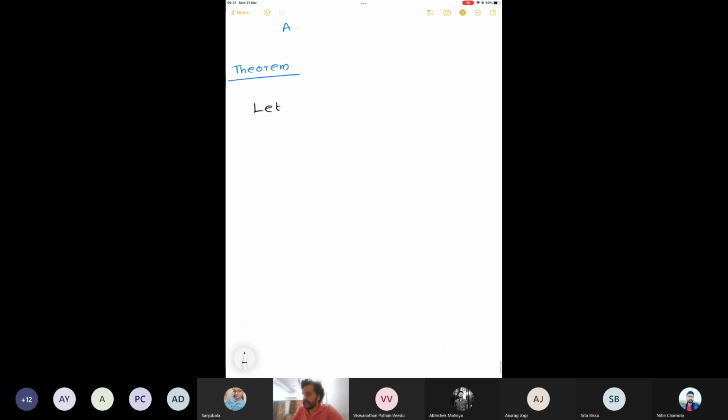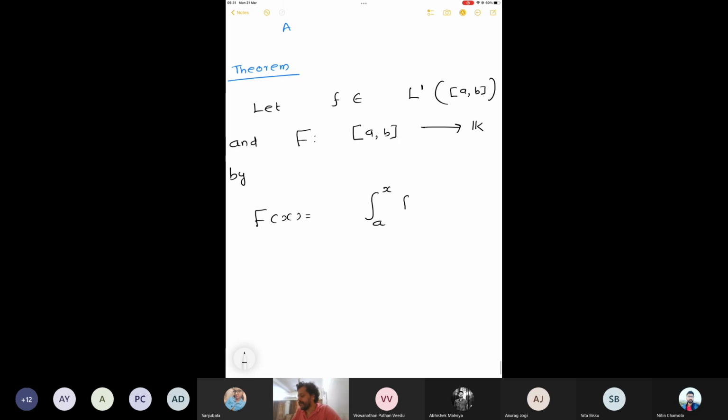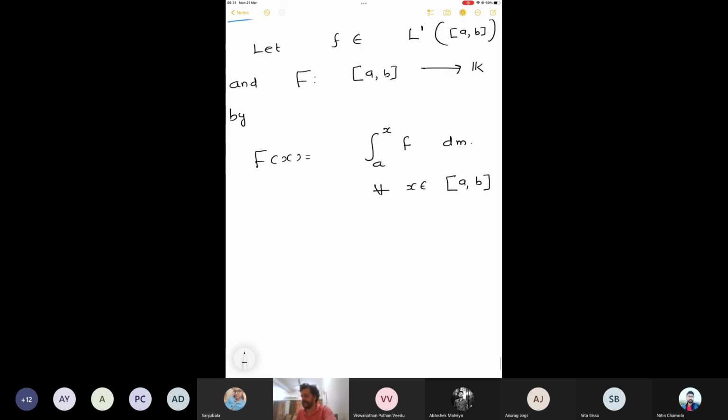Let f be in L1[a,b]. f is an integrable function on [a,b]. Define capital F from [a,b] to K by F(x) equal to the integral from a to x of f dm for every x in [a,b]. So it is the indefinite integral of a Lebesgue integrable function.